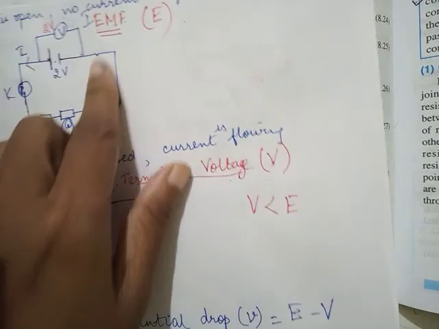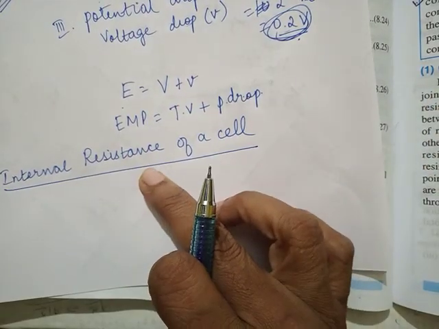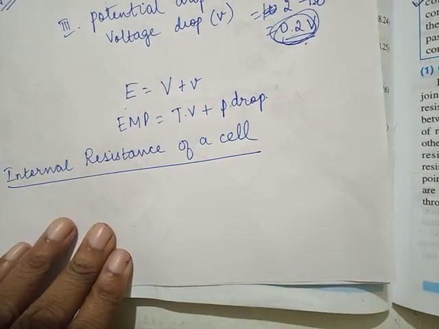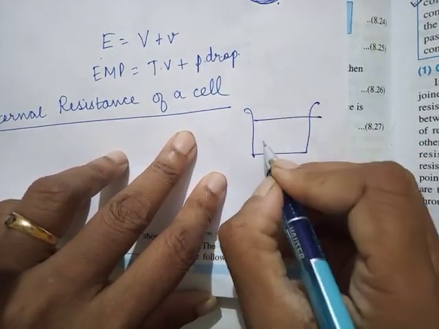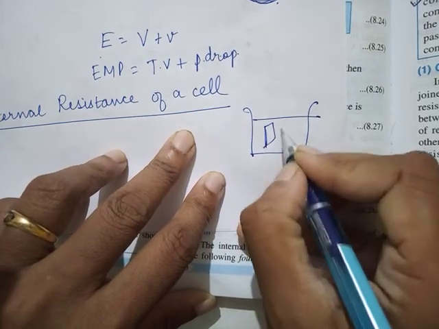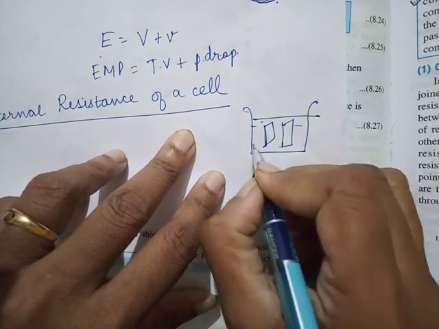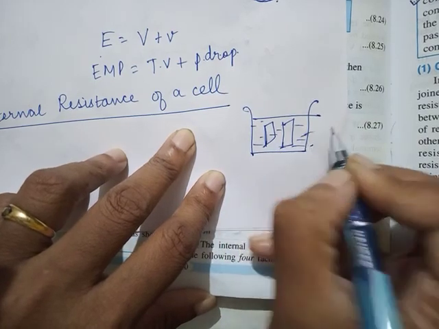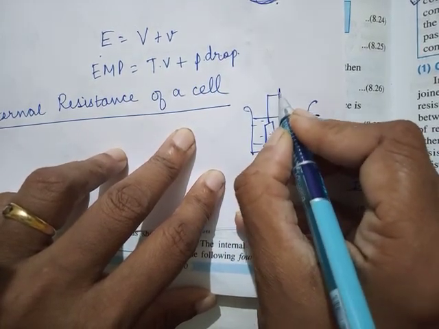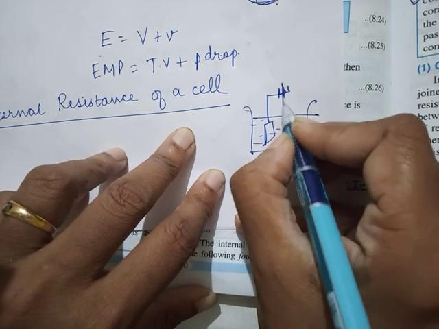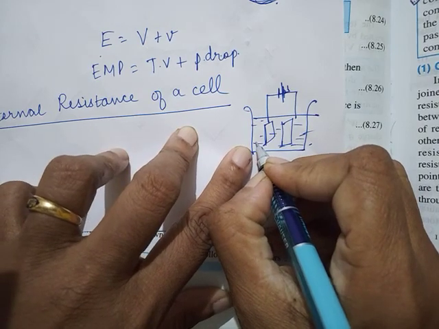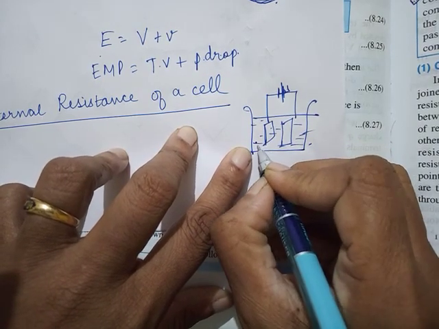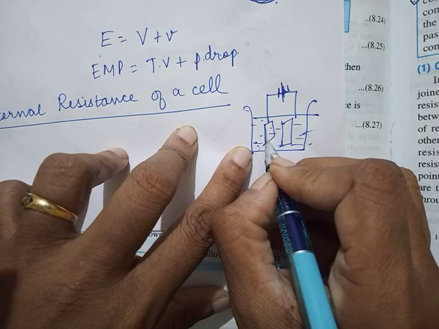So this battery, which is considered to be the source of current, itself is offering some resistance. Why? Because a cell basically has some electrolyte. There are 2 electrodes, one is anode, the other one is cathode, and there is an electrolyte here. Now these electrodes and electrolytes will offer some resistance to the flow of current.